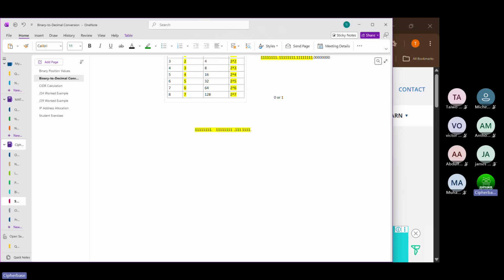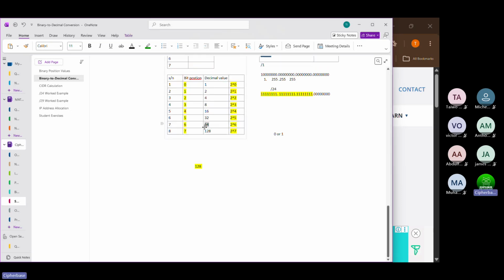So now the next thing that we want to do is this. Since we already converted to this, we want to put it down here in a way that we understand how it's supposed to be. So that will be 128, then 64, then 32, then 16, then 8, 4, 2, and 1.